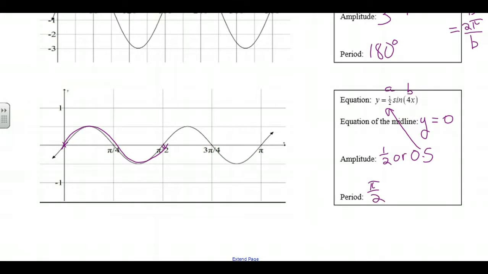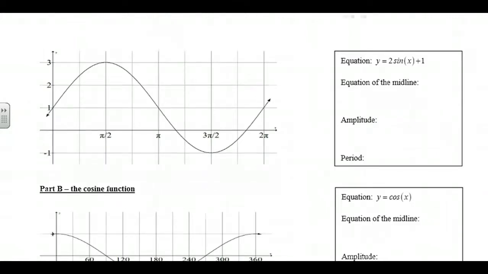Now remember, period is equal to 2 pi over B, which in this case is 2 pi over 4, which simplifies to pi over 2. Right? 2 over 4 is just 1/2, so pi over 2. Questions? Comments, concerns? Moving on.